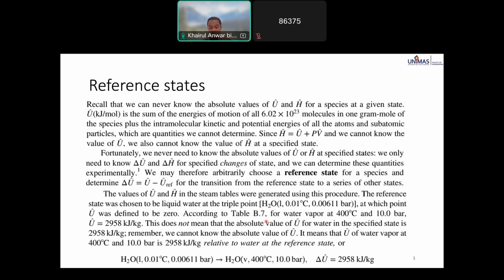So reference state, this is important. Recall that we can never know the absolute value of specific internal energy and specific enthalpy for a species at a given state.